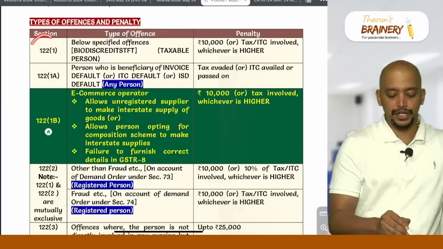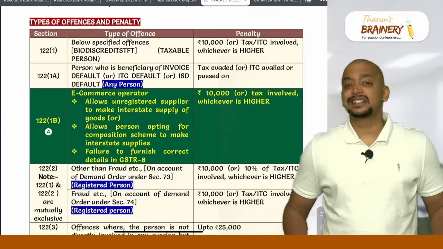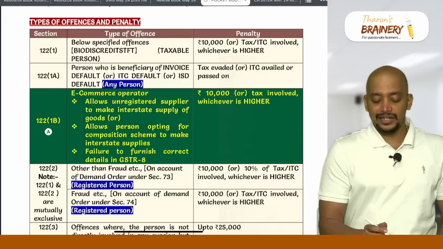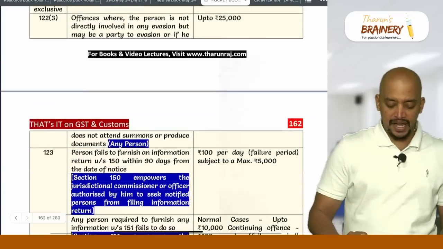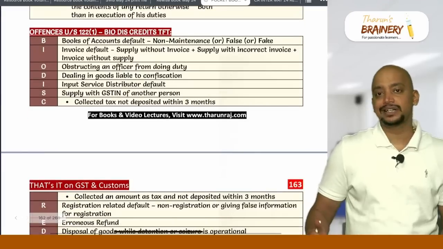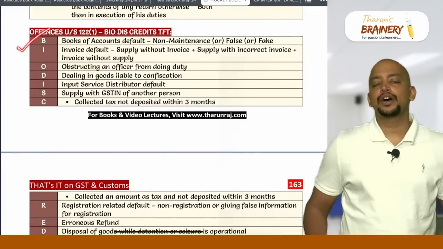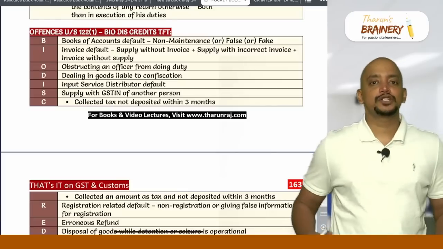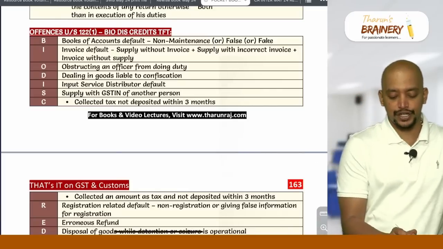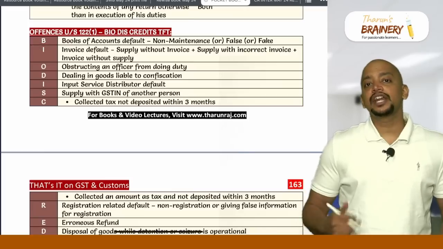First we have section 122 subsection 1, BIO DISCREDITS TFT. These are the list of offences that you need to remember, and I have given the full form below. B for books of accounts default. Books of accounts default means not maintaining books of accounts, or maintaining false or fake books of accounts. I for invoice default.